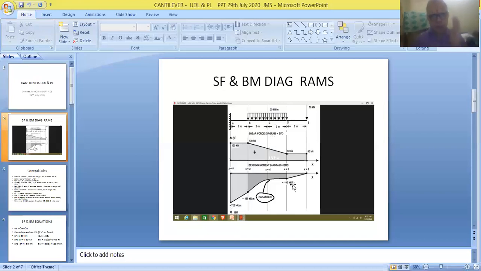So friends, loading diagrams are very, very essential for solving the problem. If it is given in the problem, well and good. Otherwise, after reading the problem, you must be in a position to construct this loading diagram. Some problems are provided with loading diagrams, and some are not.